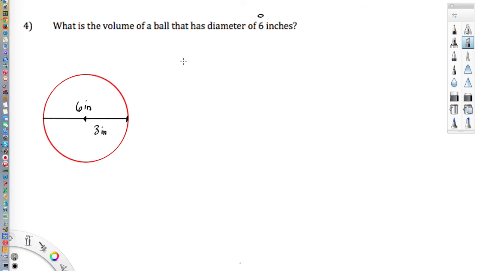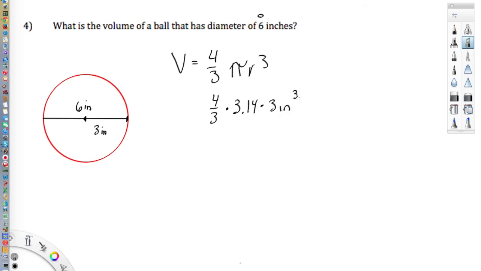Okay, so the volume of the sphere has a very specific, special formula. Its volume is equal to 4/3 times pi r cubed. Okay, so 4/3 is 4/3. Pi is approximately 3.14. The radius would be 3 inches, and I need to cube that.